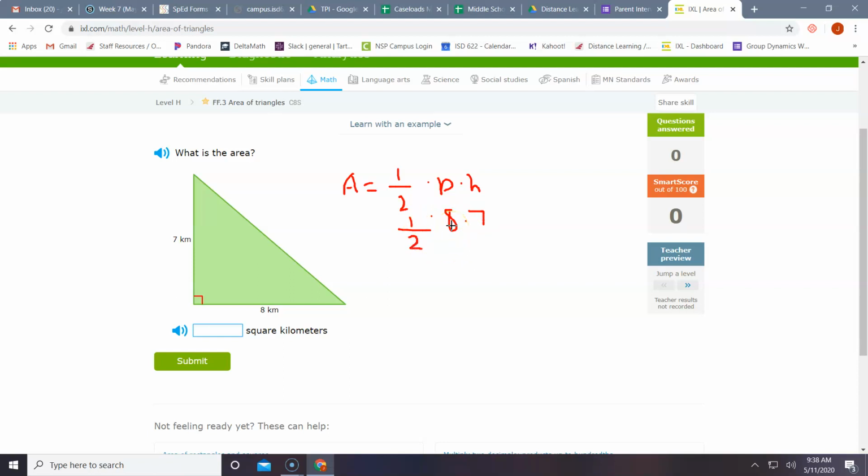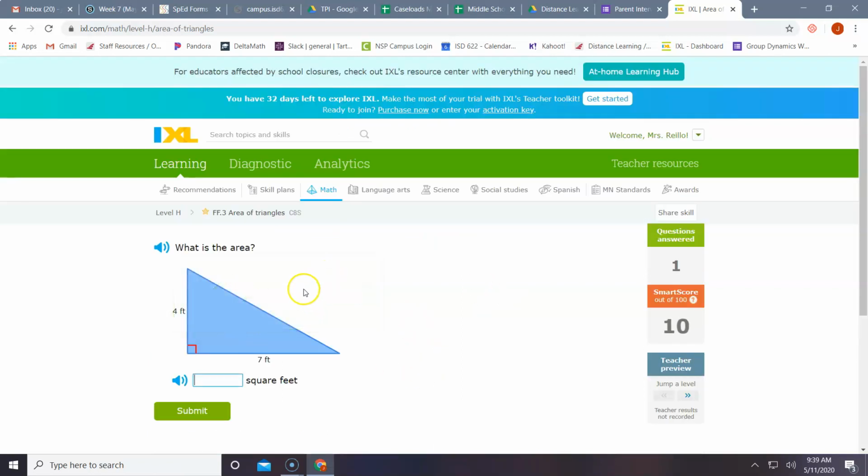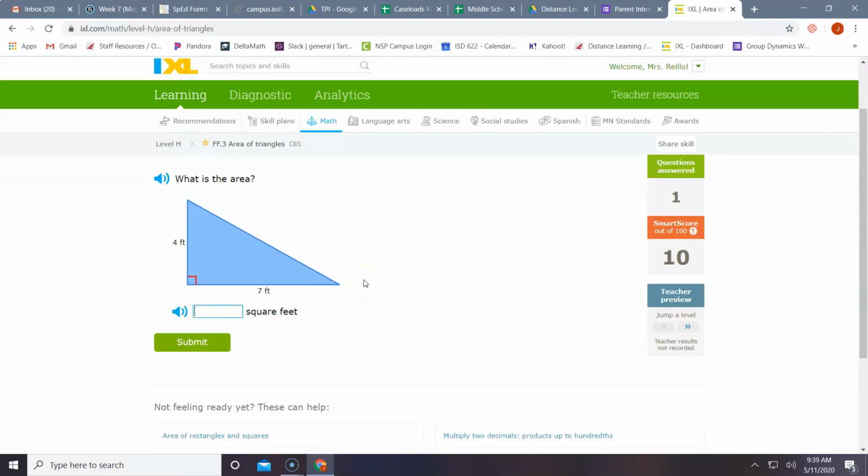Okay, so take your phone calculator and we do 8 times 7 equals 56, and then we can divide that by 2 and we get 28. There we go.